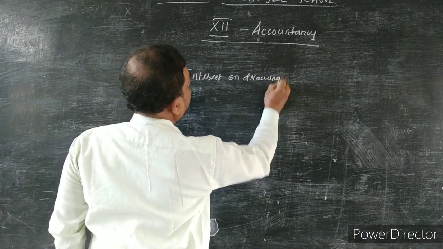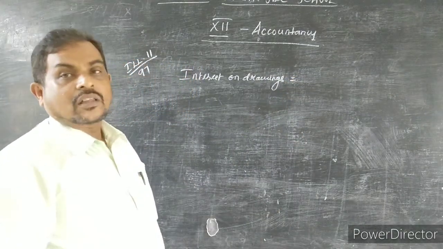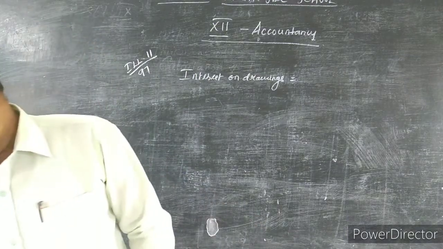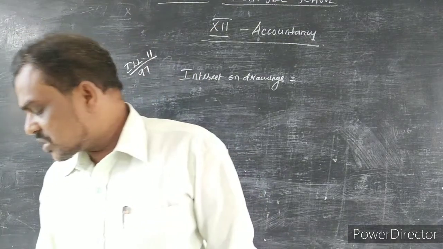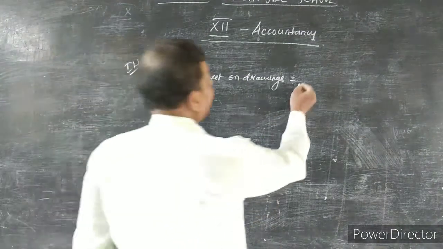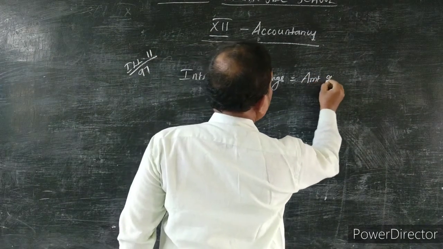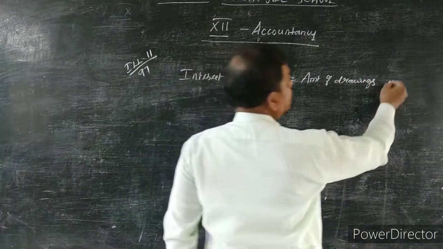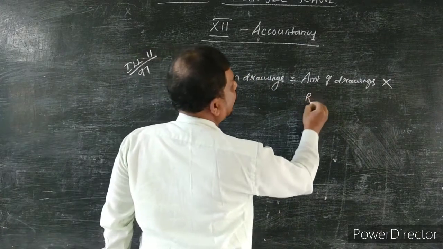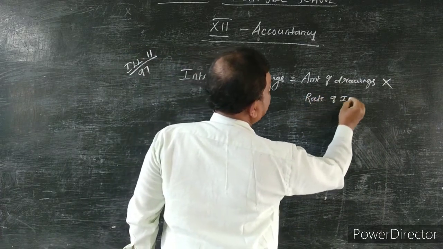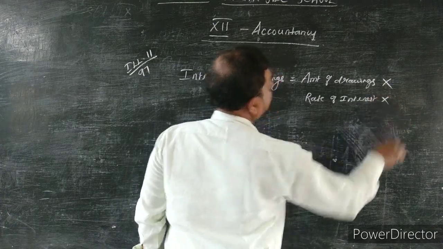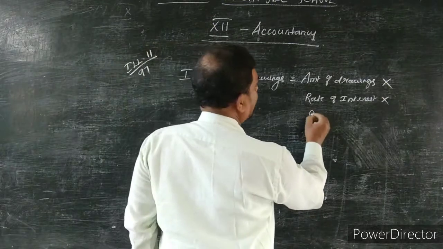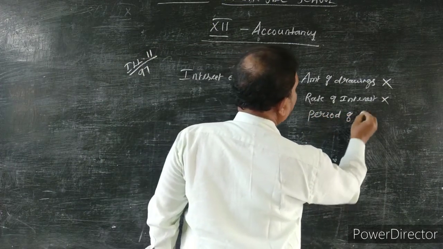The formula for interest on drawings under the direct method is very simple: amount of drawings into rate of interest into period of interest.